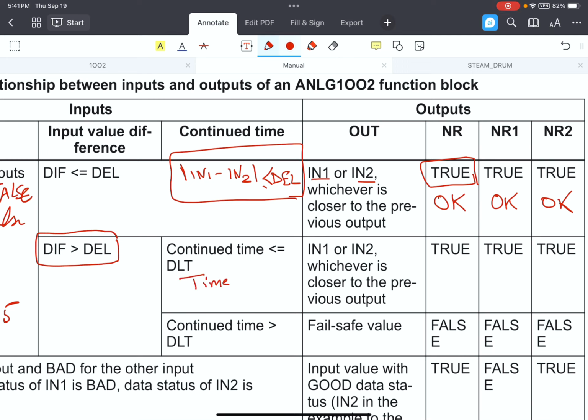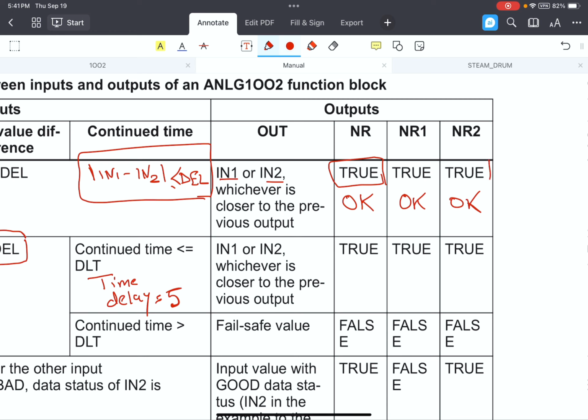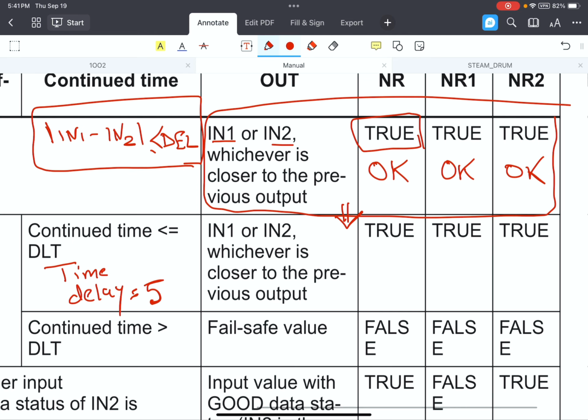Consider the time delay is 5 seconds, and within these 5 seconds we just behave as before when everything is normal. So during the time delay, whichever of input 1 or input 2 is closer to the previous output, we report that as the output. All the qualities are okay.